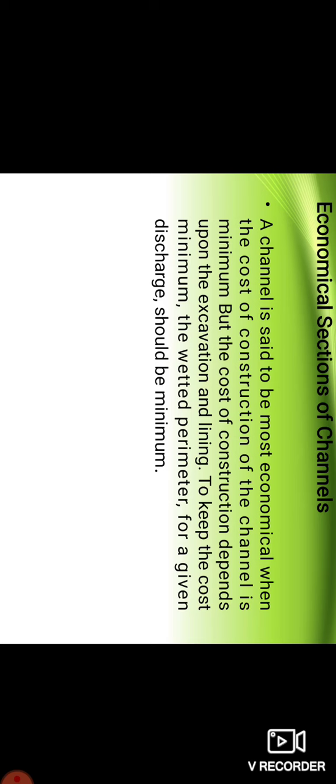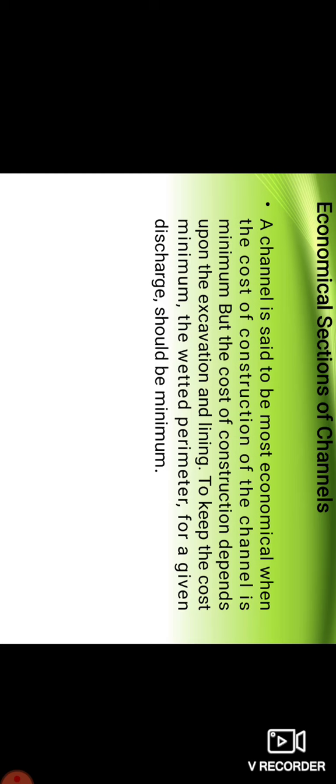So when does a rectangular channel become economical, when does a trapezoidal channel become economical, and at what condition does a circular section become economical? Let me discuss economical sections of channels.